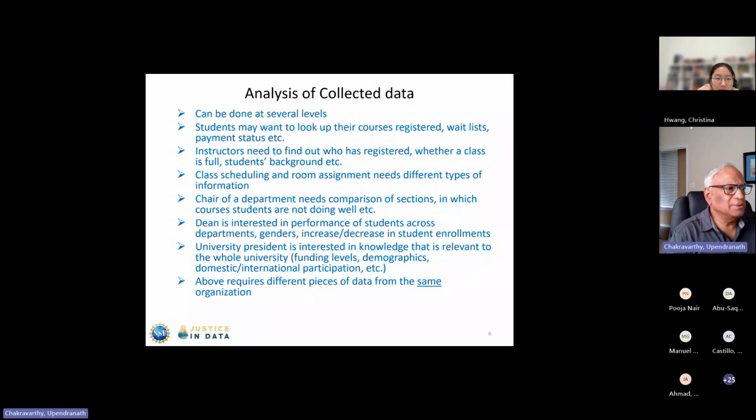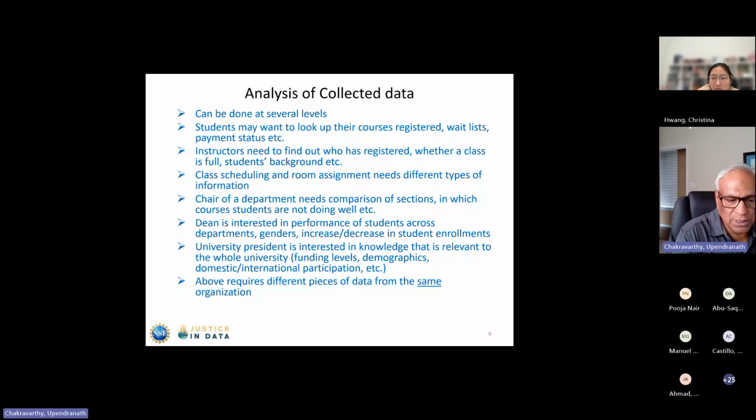The reason I've listed this is that analysis requirements are not the same for every user or every player. Remember, we talked about views. You can look at each of them as a different view: a student's view, an instructor's view.